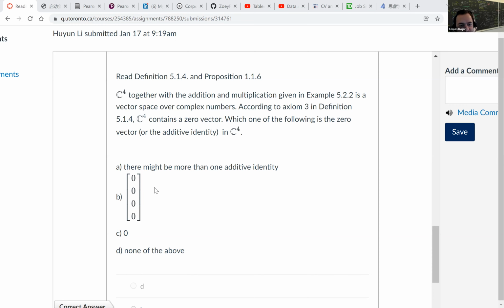If you really want to be formal, you have to say that the component of i is 0. Yeah, exactly, that's what I thought. I understand why you'd choose C, since it's tedious to write 0 plus 0i, 0 plus 0i.